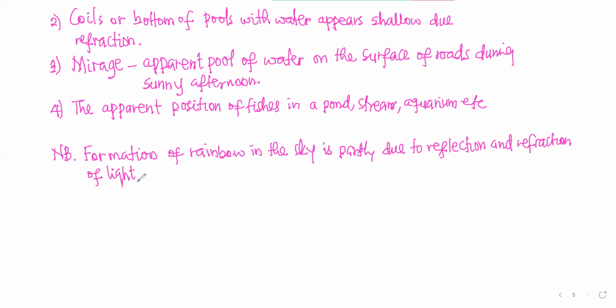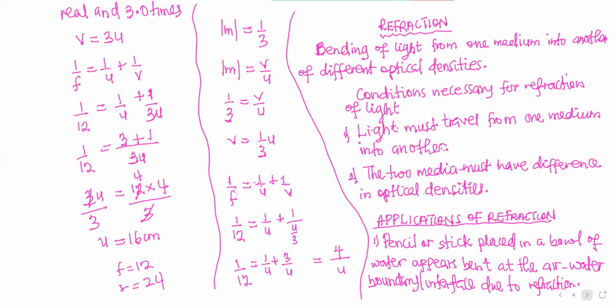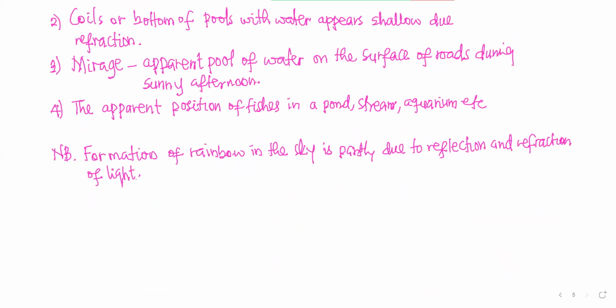So this is a two-way process, but the four points above are natural or everyday applications, or occurrences, of refraction of light from a surface.